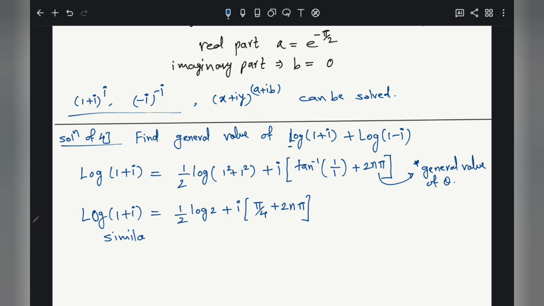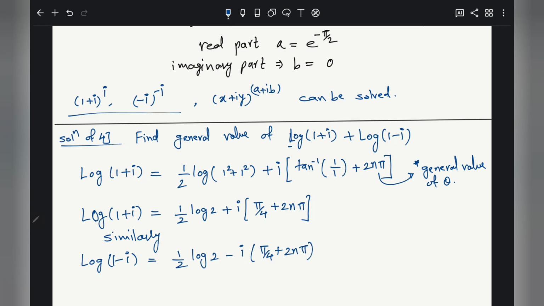Similarly, you can write the log of 1 minus i. It is half log 2. What will be the difference? Only in between you will get a minus, because tan inverse will be minus. So minus, you can put it like this, pi by 4 plus 2n pi.